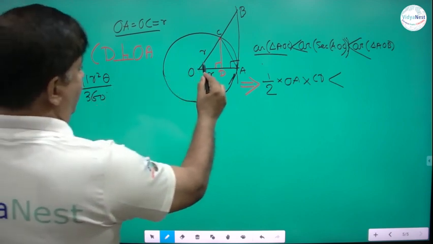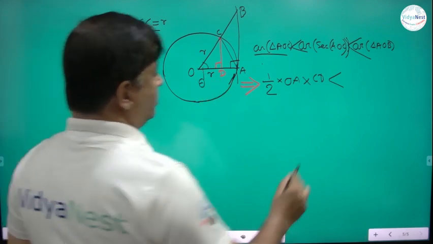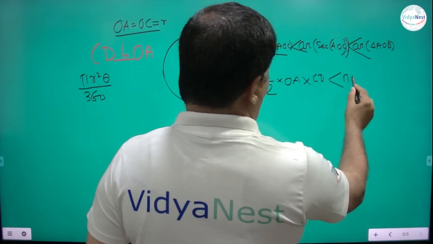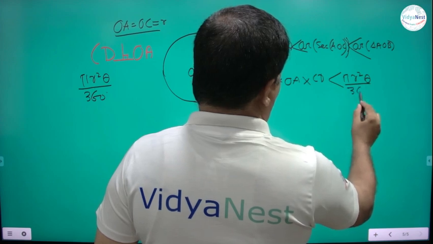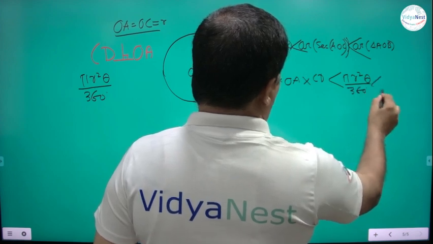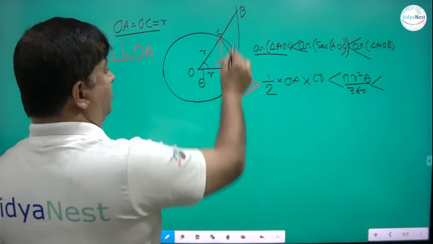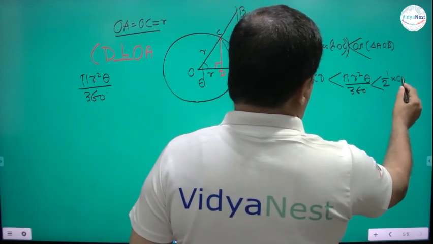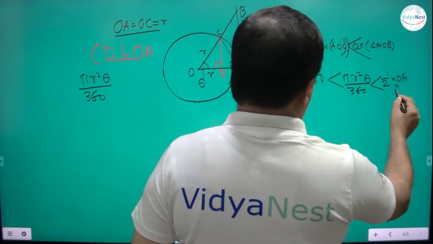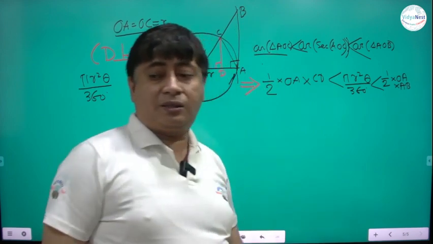So the angle subtended at the center, I am letting theta. So this is area of the sector, pi r square theta by 360. And area of the triangle AOB is what? Half base into height, OA into AB. Hope it is clear to you.